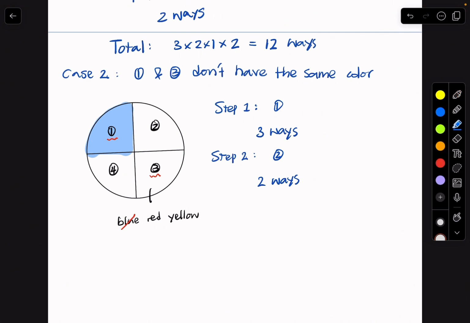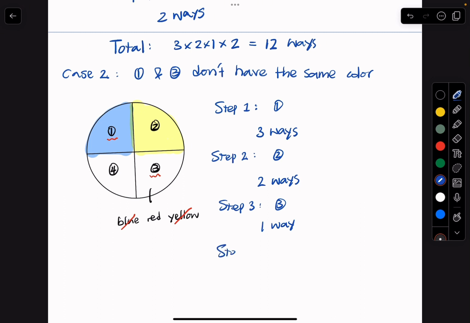However, we still need to consider one more point. Remember that region 3 still cannot have the same color as region 2. Let's just say for region 2, I got yellow. So that means for region 3, it still cannot be yellow. This only gave me 1 choice left. So for step 3, I will just have 1 way.